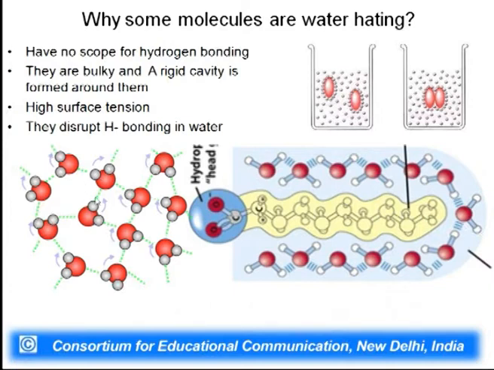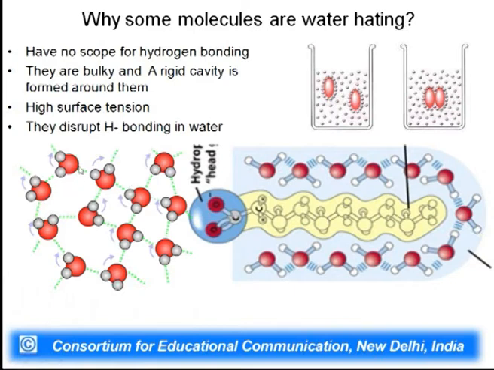Water in this case, as you can see, is present and giving rise to all sorts of flickering hydrogen bonding. So, it may form a hydrogen bond here and later the hydrogen bonding pattern will change.